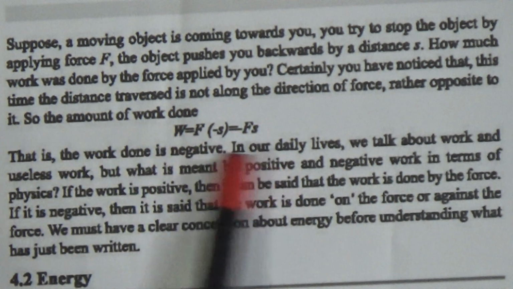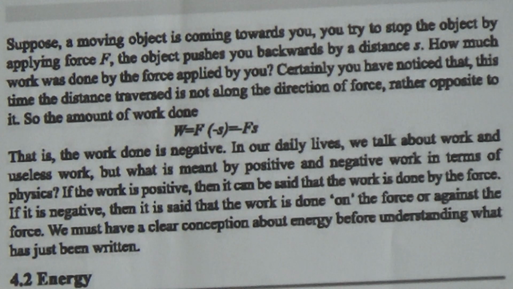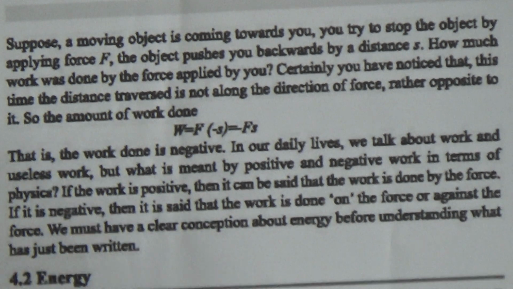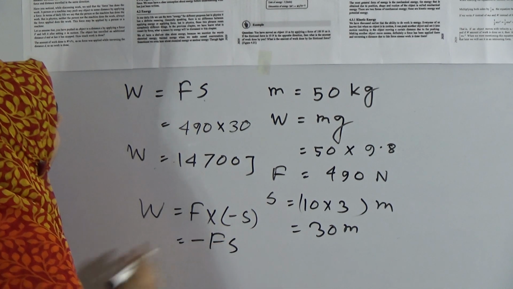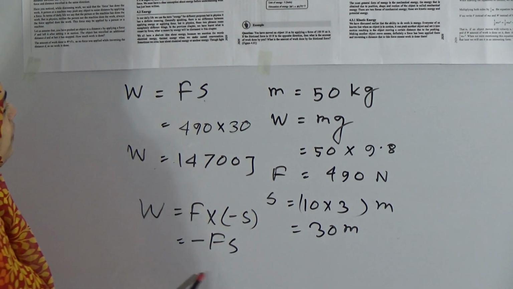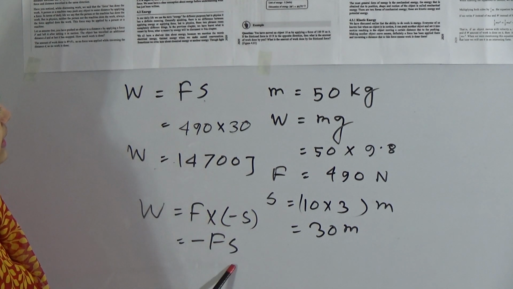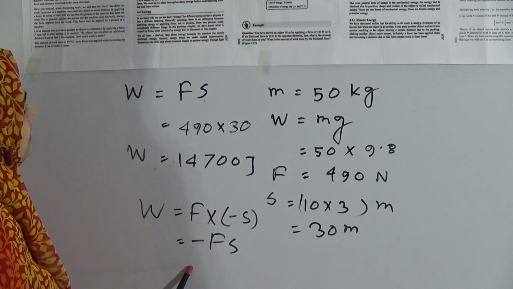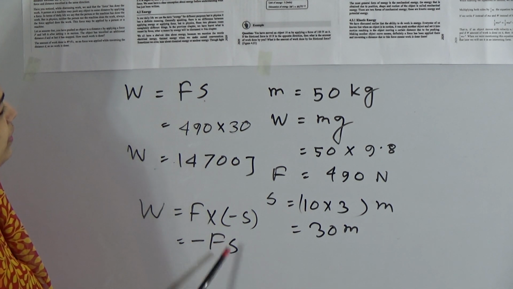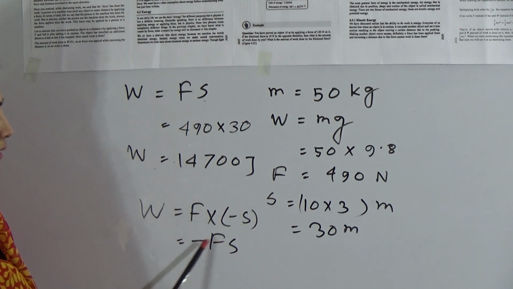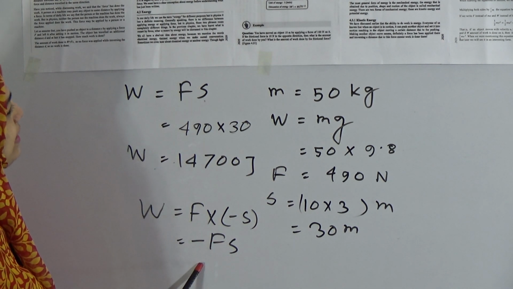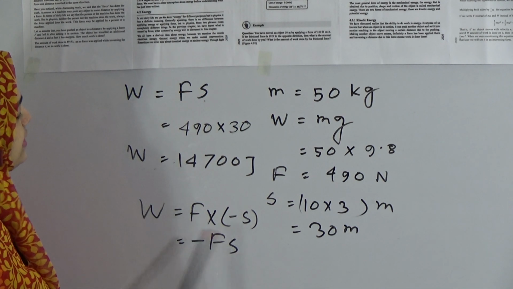So the amount of work is W equals F into minus S. This is opposite direction, that's why minus Fs. My dear students, now this work is negative. What do you mean by positive and negative work? We mean the positive work means the work is done by the force, and the negative work means the work is done against the force.